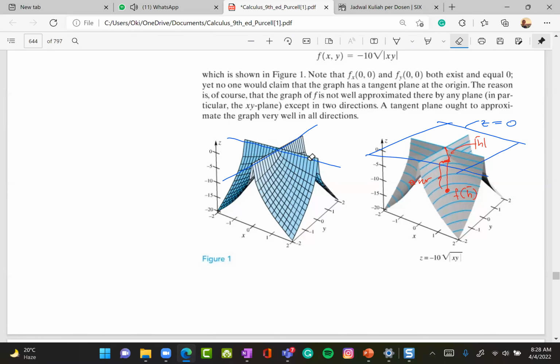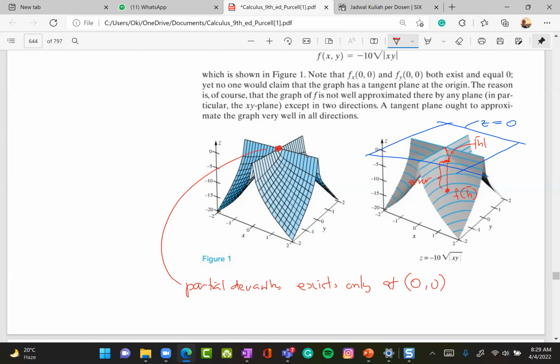Let's see here. In this case, the partial derivative exists at this point, but at 0 only.